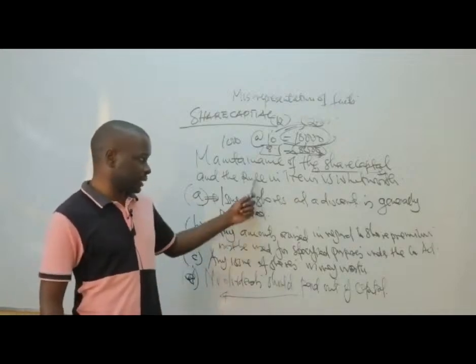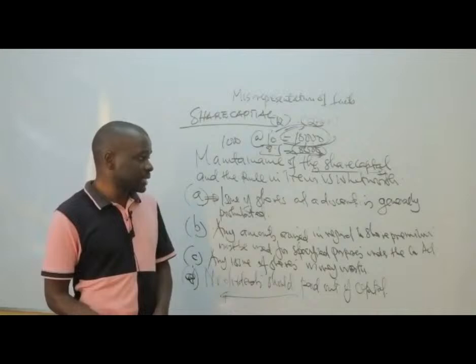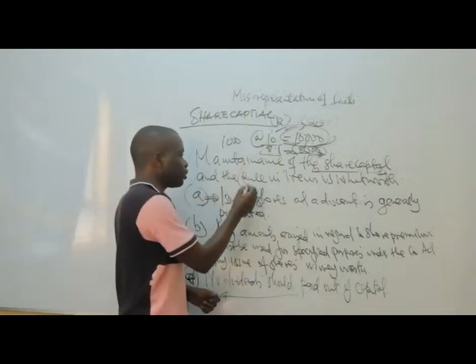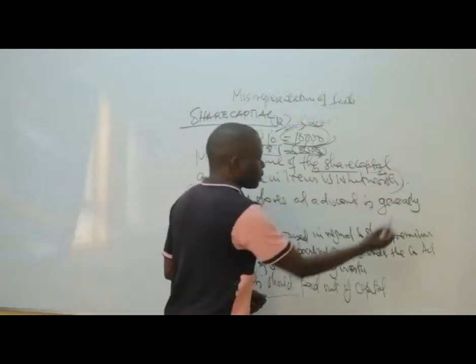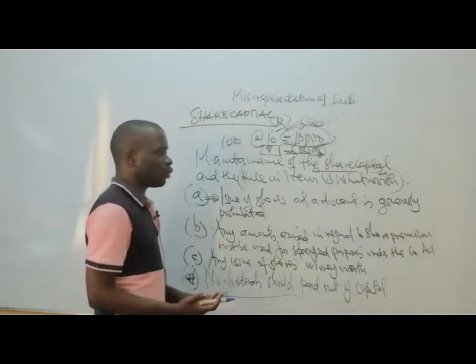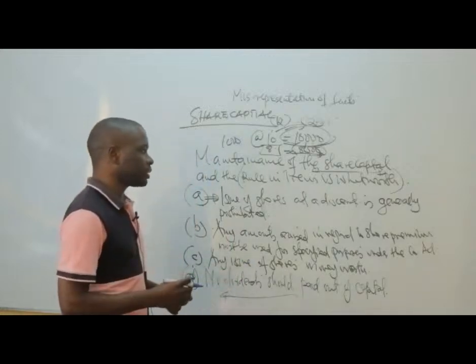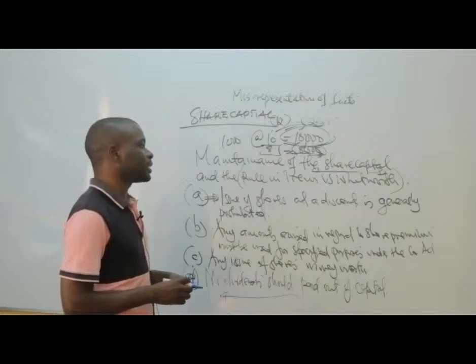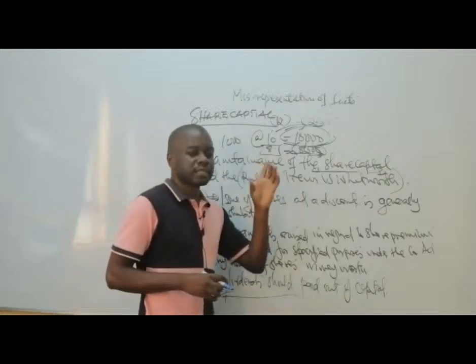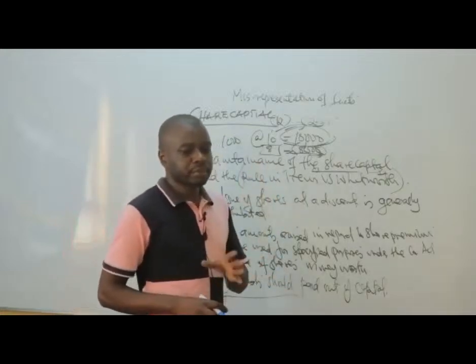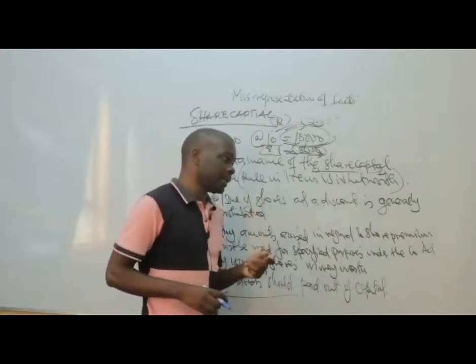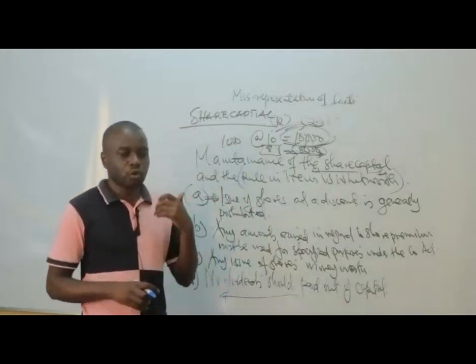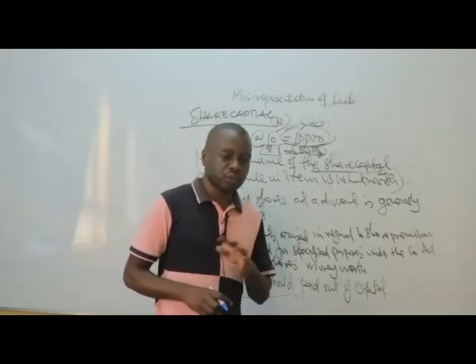Just attached to the maintenance of the share capital, there's a rule which also enables the company to maintain its share capital. This particular rule is known as the rule in Trevor versus Whitworth. It simply states that a company cannot purchase or finance the purchase of its own shares.